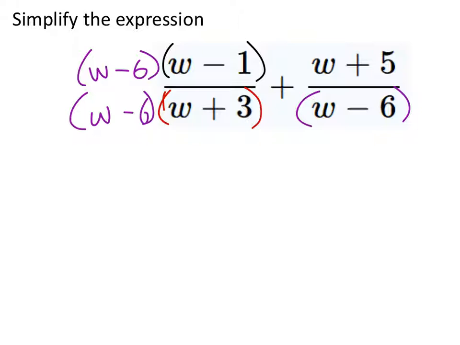Well, now I've got that w minus 6 on the right in the denominator, and I'm missing a w plus 3, so I need it there, but again, I need to make it a factor of 1. So I need it in the numerator as well.